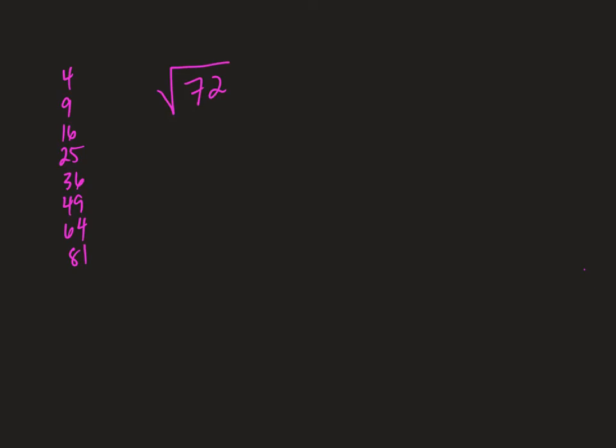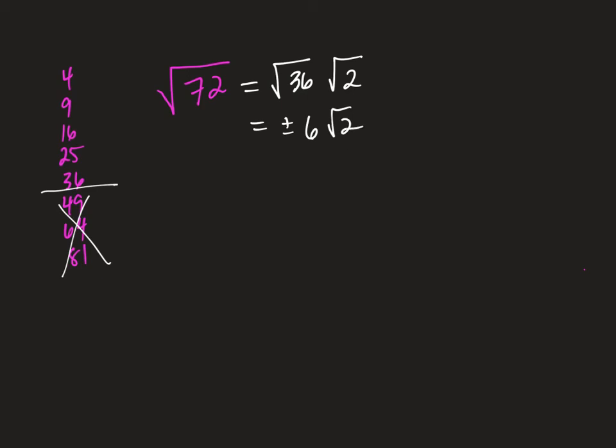So for example, half of 72 is actually 36, so I find it right away. But I would never check any of these numbers because they're not going to go into 72. No way, because I already know half of 72 is 36, so it has to be a number less than half. So I could rewrite this as the square root of 36 and the square root of 2. So that would be plus or minus 6 radical 2.